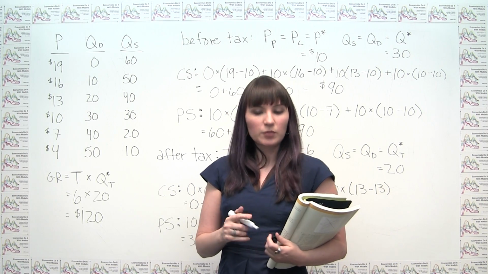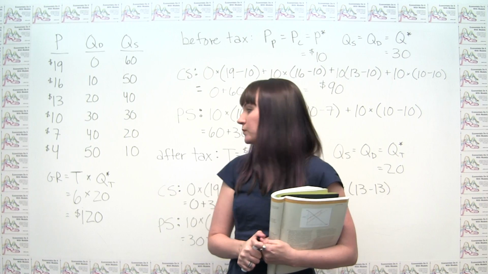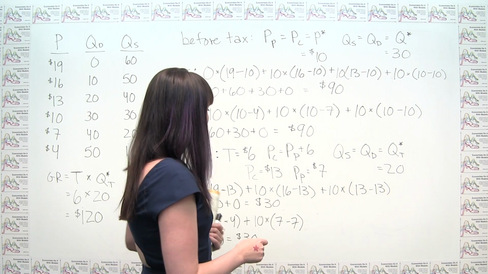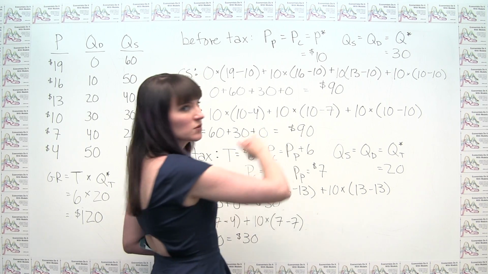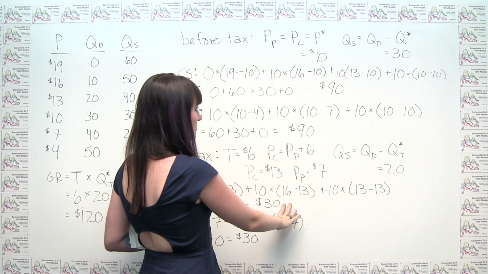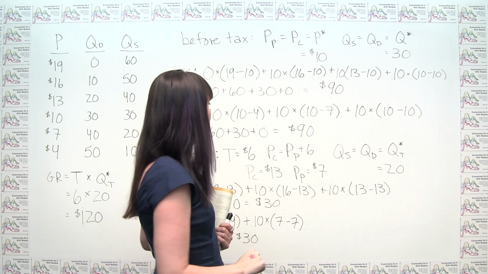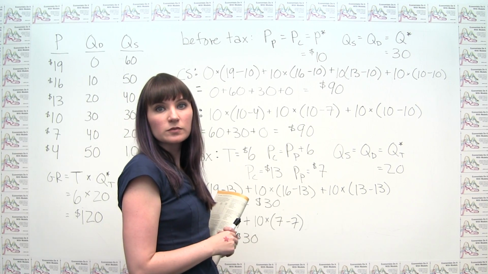So that technically completes what we were asked in the question, but let's think about one more thing that's helpful. What we noticed here is that when the tax was put in place, consumer surplus went down by $60. Producer surplus also went down by $60.